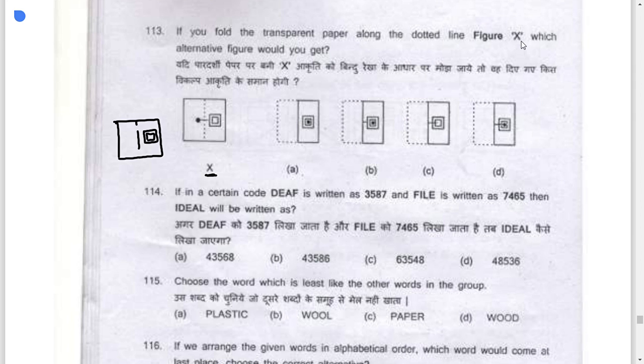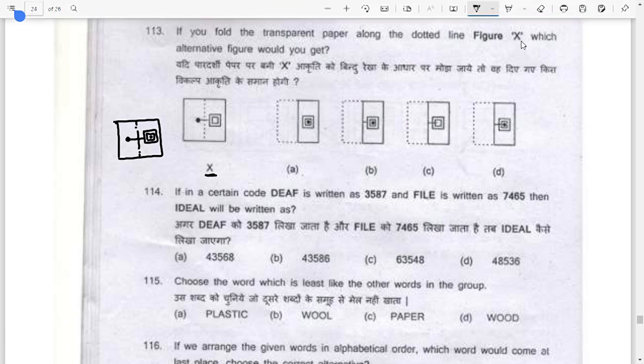So here one line is there. Whenever you fold this line along this paper, it comes in between, so it will be erased. So it will be like this.